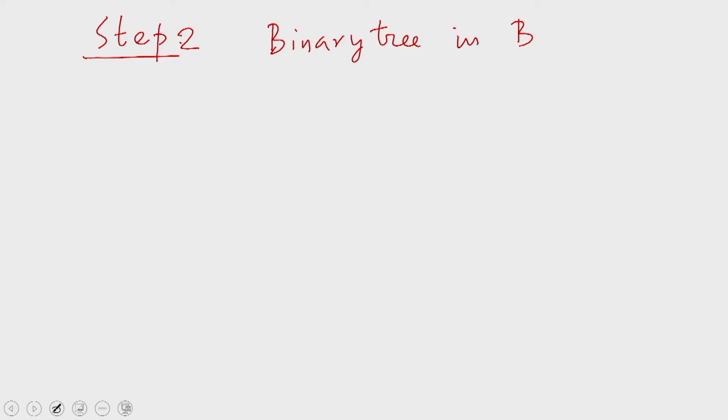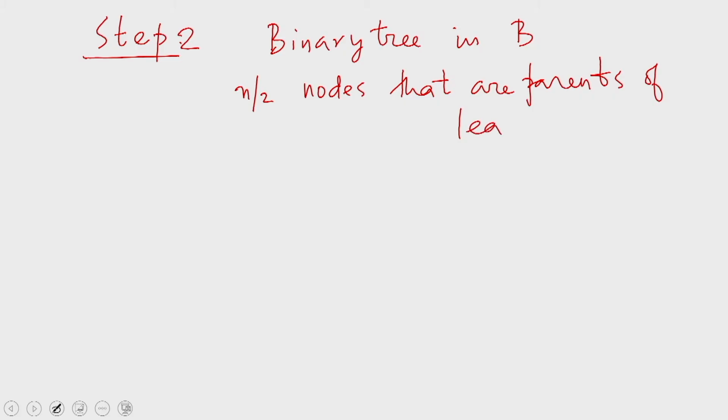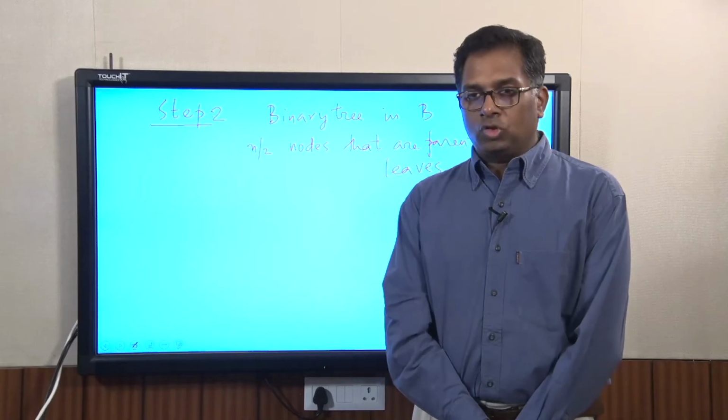in every single substep. So, initially we have n by 2 nodes that are parents of the leaves. These nodes are first filled. Assume you have one processor sitting at each of these nodes.